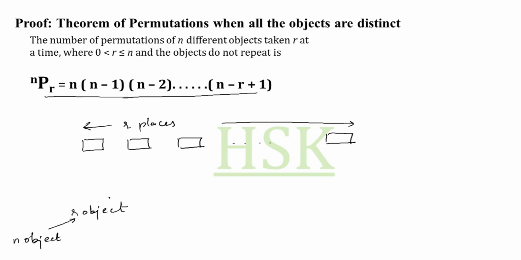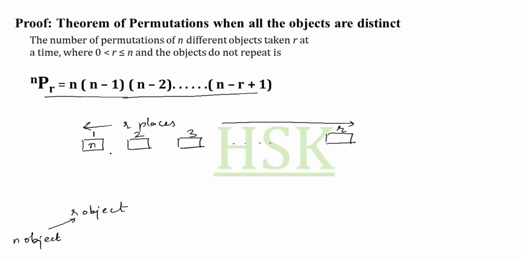Now assume that we take the first object. So the first object is to be placed in the first place, the second will be placed in the second place, the third in the third place, and the last will be placed in the last place, that is the rth place. So the number of ways of arranging the first object would be n, because we have a total of n objects. So n choices are there for us.